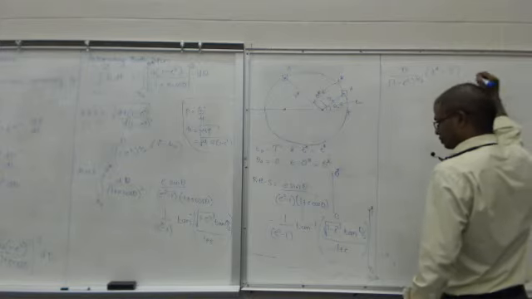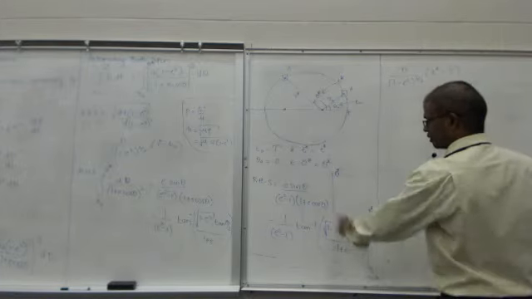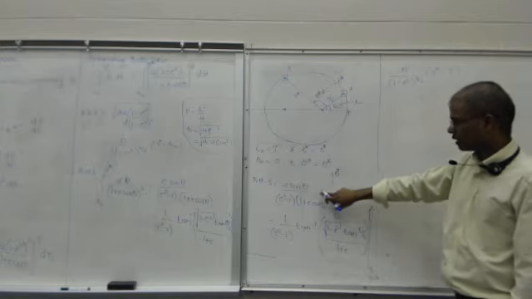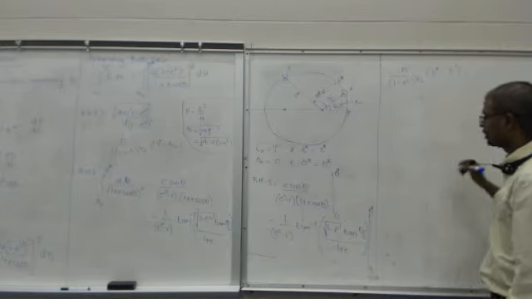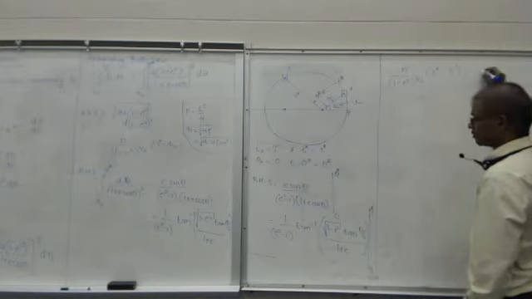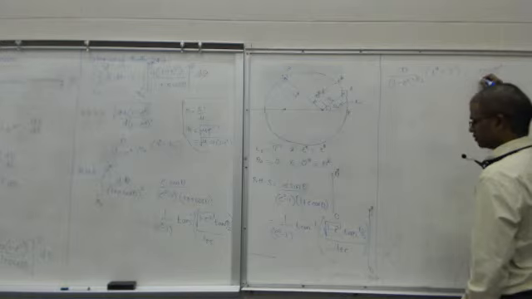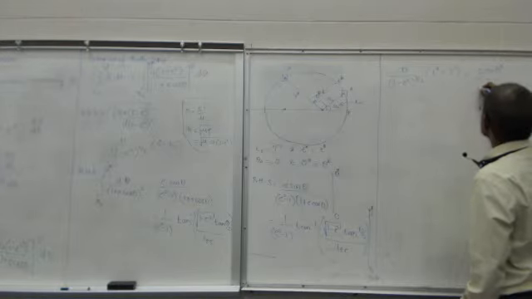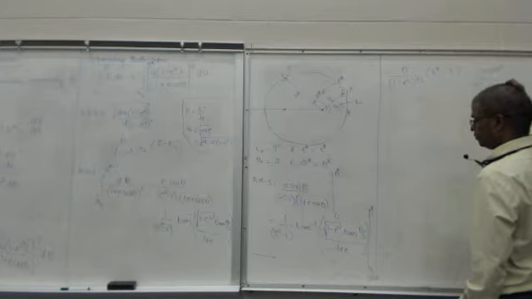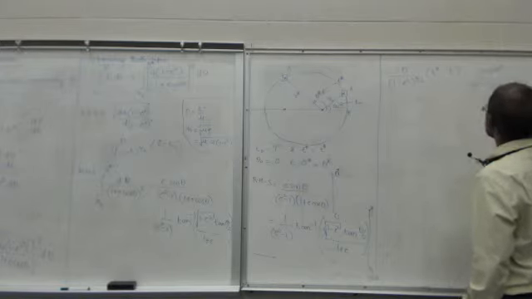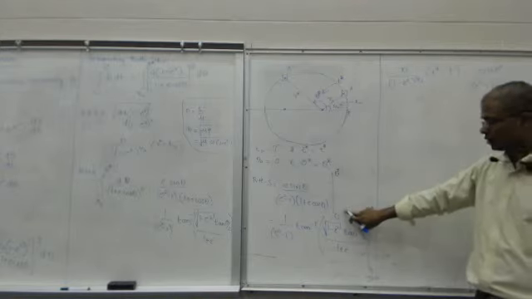Is equal to, what would this be? If you evaluate this at theta star, you're going to get E sine theta star over E square minus 1. This term would be 0, right?